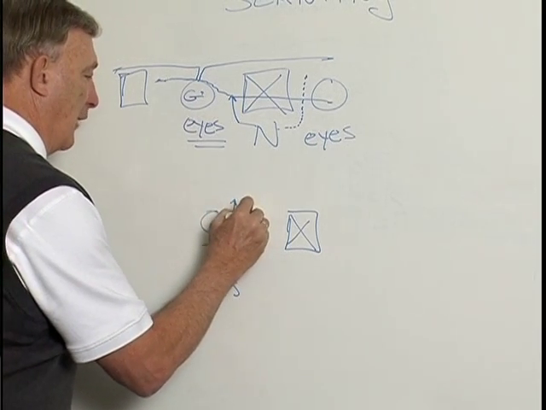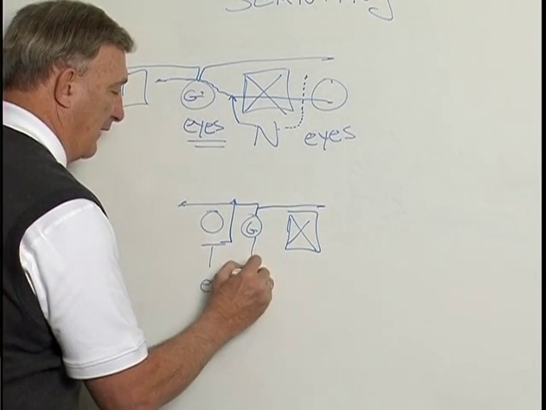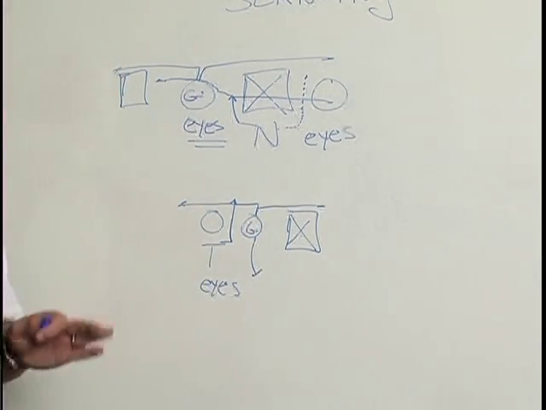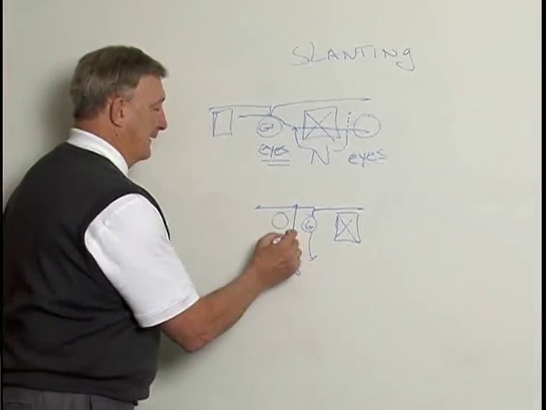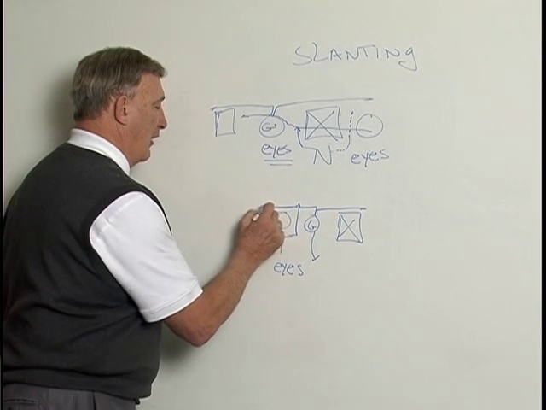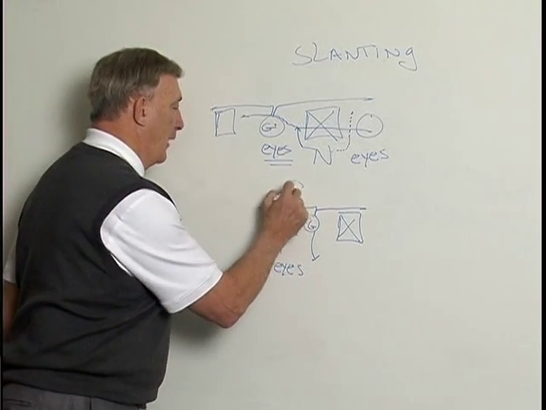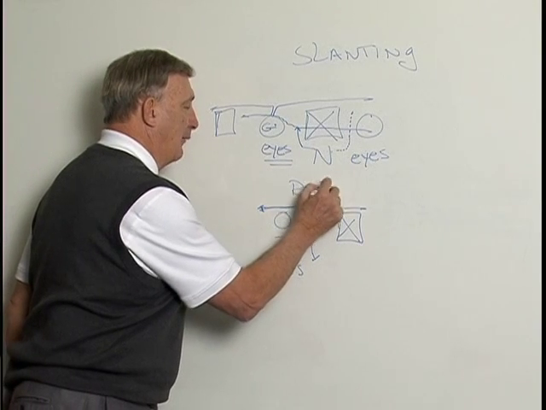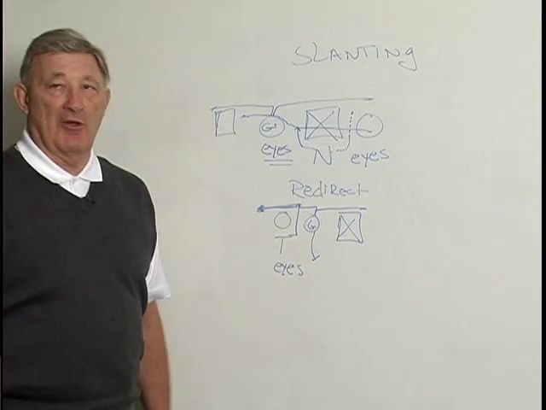This offensive guard will either pull this way, he will pull this way, or he will come out to block a linebacker. The toughest for us is when we are slanting and play goes away from the slant. This kid has got to what we call redirect and come back down for the ball.